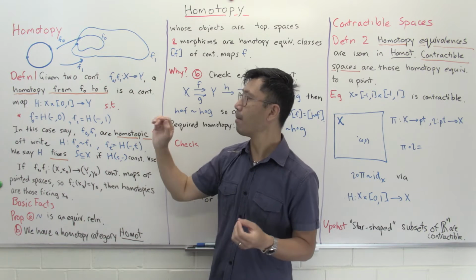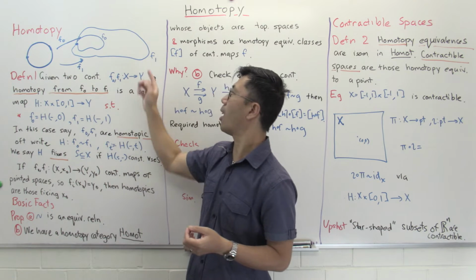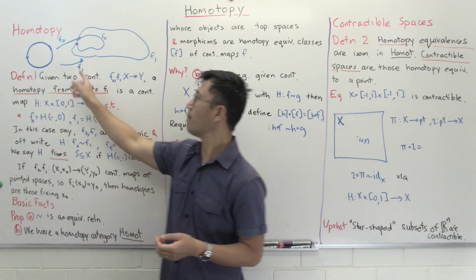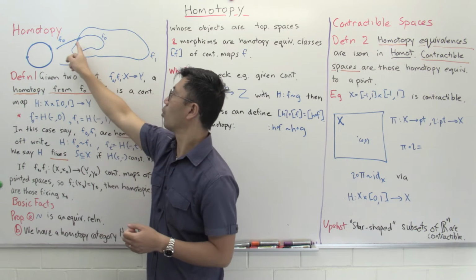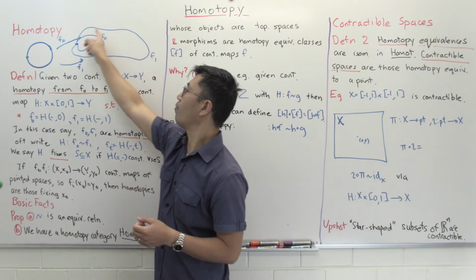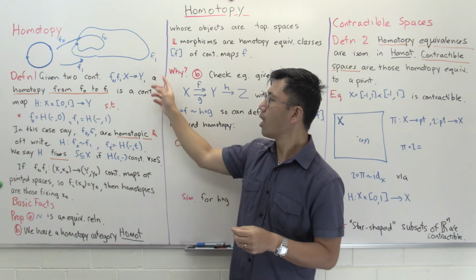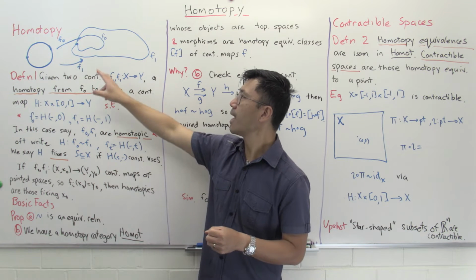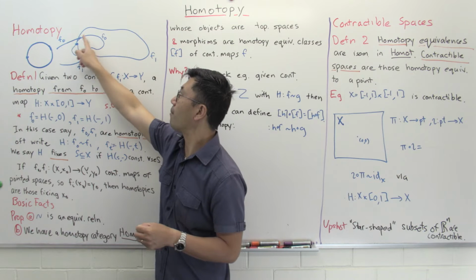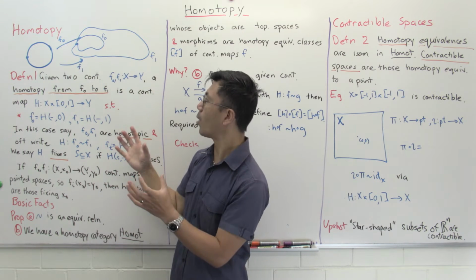A picture to keep in mind: suppose X is this circle, and Y is just this board here. Then we can map this circle like this, or we could also map it over here via f1 to this bigger loop. So what is a homotopy from f0 to f1? We want to deform the map f0 into f1.